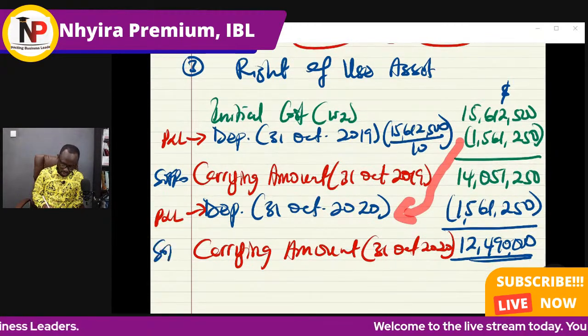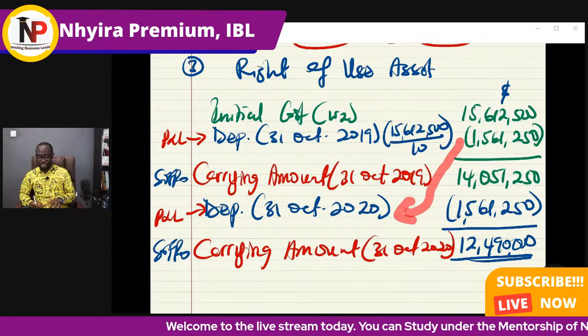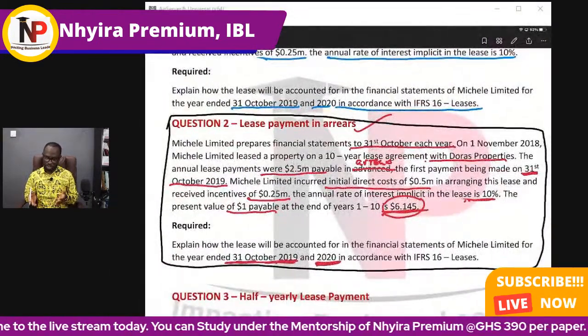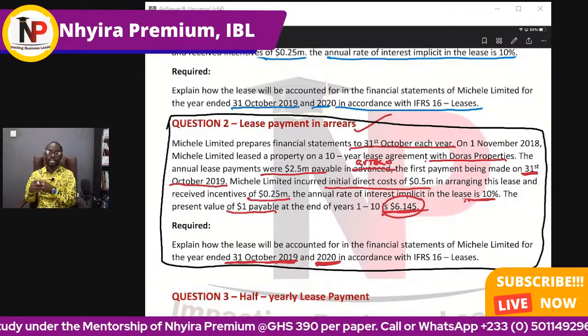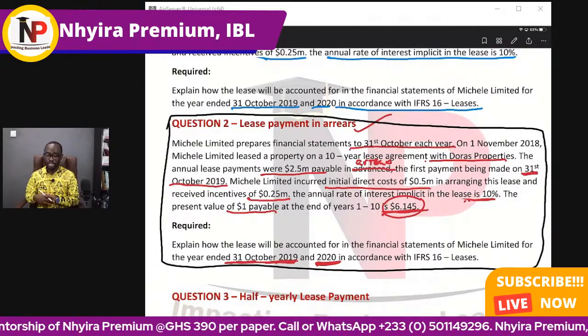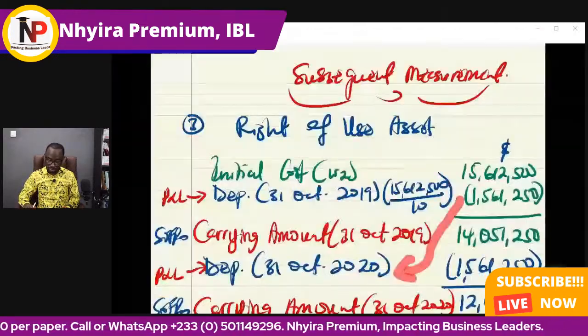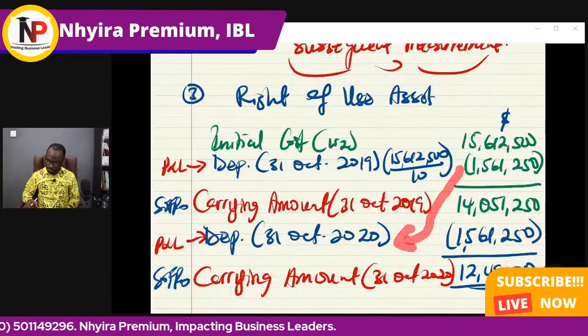Remember, this is not what the examiner said we should do. The examiner said, how will this be presented in the financial statement? That is what the examiner is asking us to do. So let's see what we got.